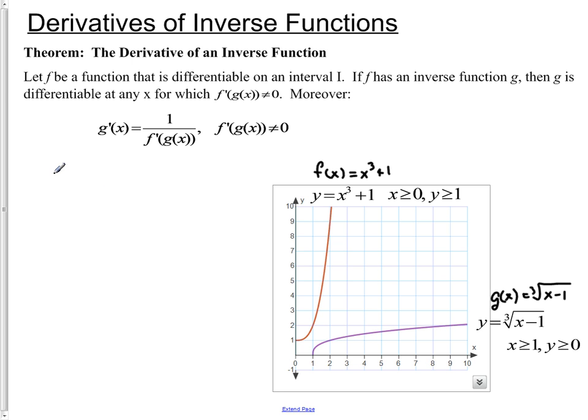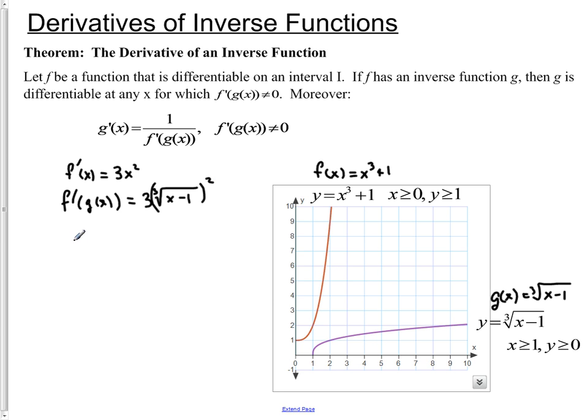How would this work out? Well, let's try it out. We know that f prime of x is equal to 3x squared. So if we were to say f prime of g of x, we would in fact be saying 3 times the cube root of x minus 1, squared.